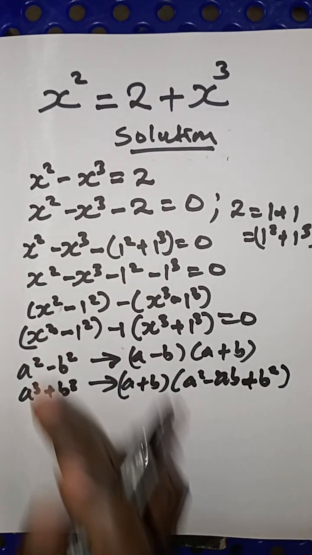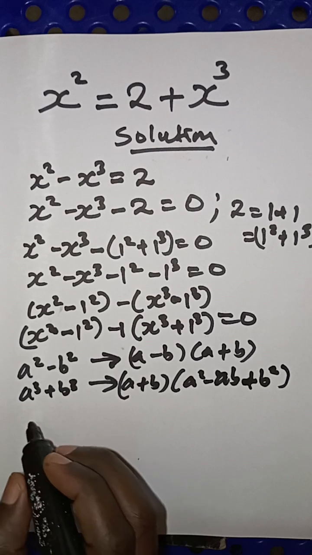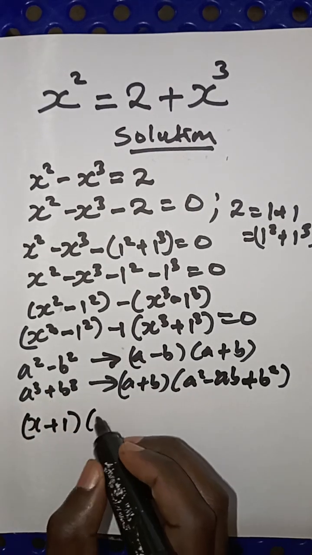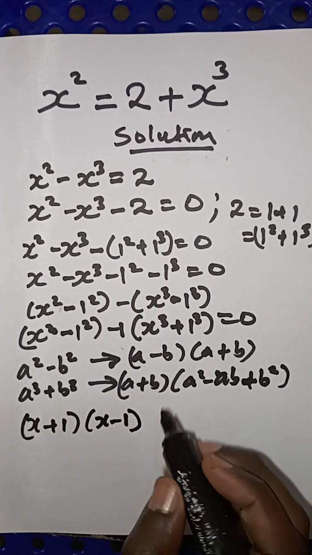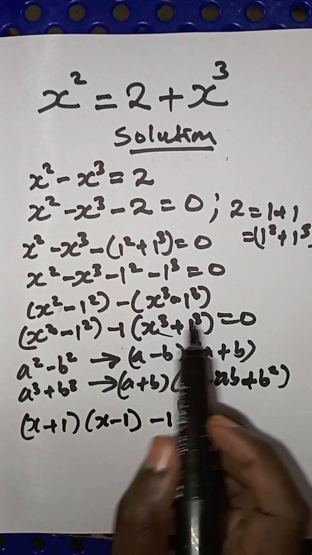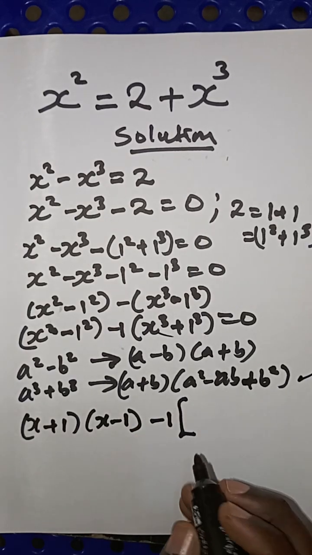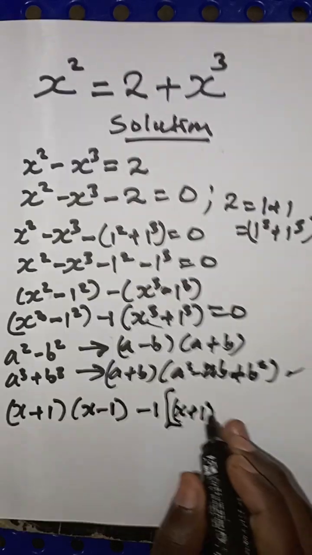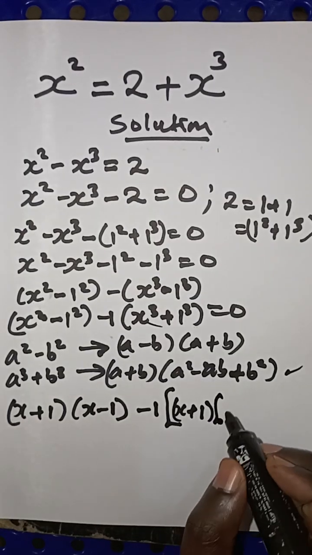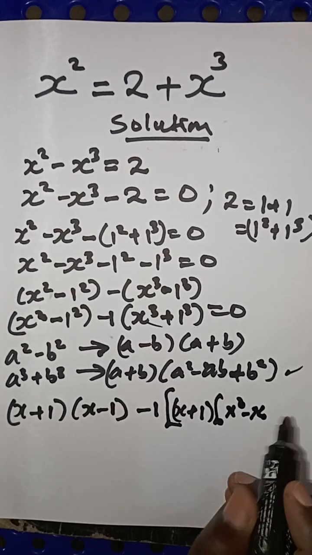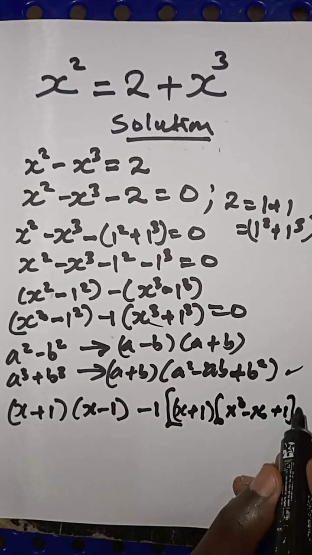When I start with this, I'm going to start with x plus 1, x minus 1, and then minus 1 in bracket. I'll write this in terms of this so that I have x plus 1 in bracket x squared minus x plus 1 equals 0.